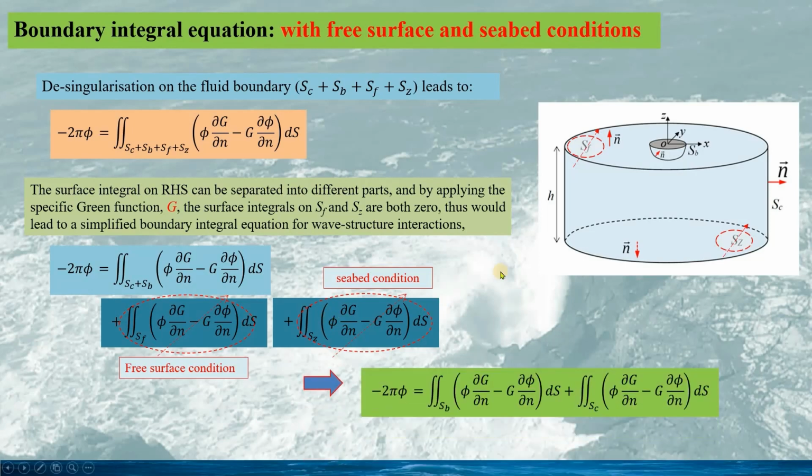Then the boundary integral equation would be simplified as this, with the surface integrals on SB and SC only, due to the choice of the specific Green function. And we will use this equation to construct the boundary integral equation only on the body surface SB.